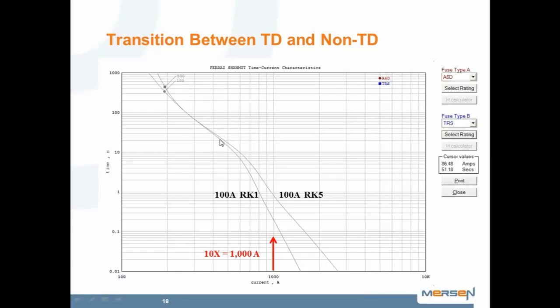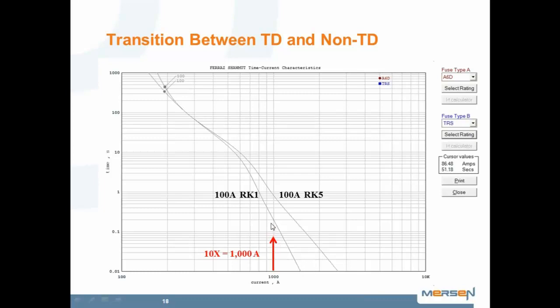And you can see the RK1 and RK5 are almost identical with the time current curve. I assume that you have a lot of experience with time current curves. This is time in seconds. And so with this, you can see if we have higher amounts of current, maybe 2,000 amps, there is quite a bit of difference.